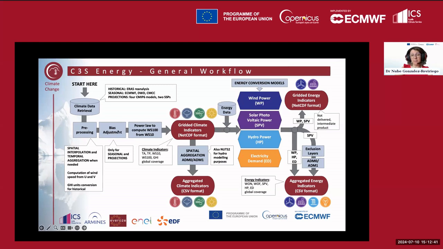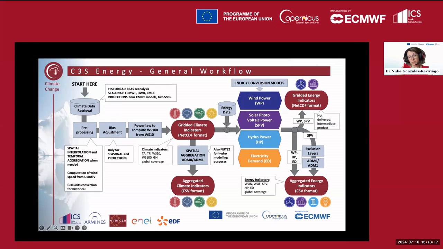Also, we apply some bias adjustment to those variables and temporal series in which it is needed. And we also obtain the wind speed at 100 meter. After that, we obtain the gridded climate indicators. These gridded climate indicators will be in NetCDF format, but then we will aggregate spatially, and we will provide those aggregated climate indicators in CSV format, which is a more friendly format for many users.